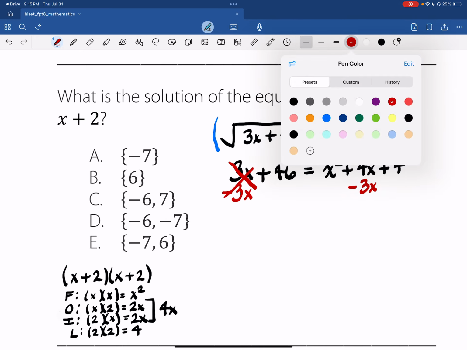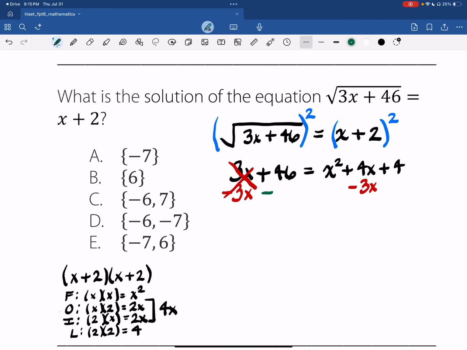And then I'm going to move my constant term, which would be minus 46, and minus 46, and this cancels. So I'm left with 0, which is what I wanted, an x squared, a positive 1x, and a negative 42. We're getting there.